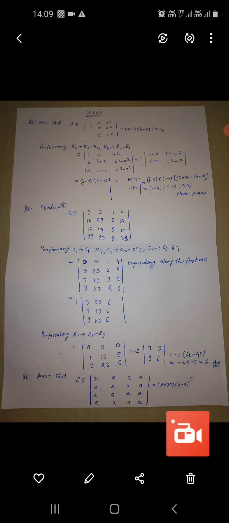And this is equal to, we take common b minus a and c minus a, so we have b minus a, c minus a, determinant in first row 1 b plus a, in second row 1 c plus a, and solve this.